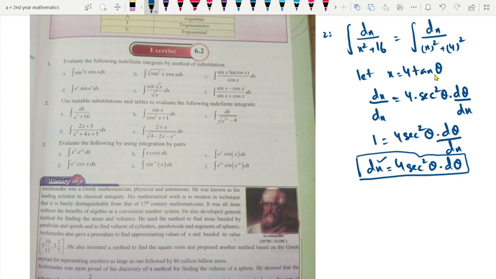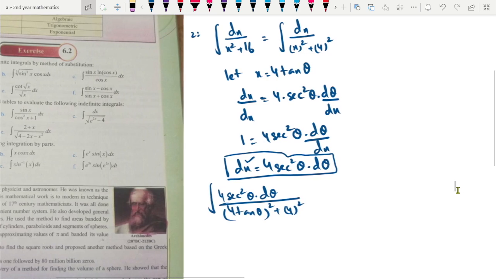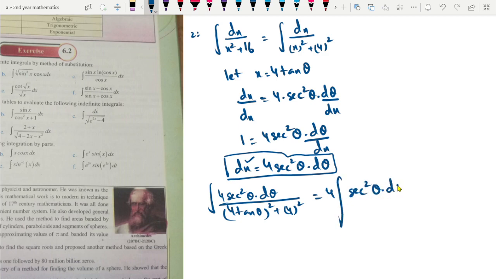So this will become 4 secant square theta d theta over 4 tan theta whole square plus 4 square, which is 16 tan square theta plus 16.